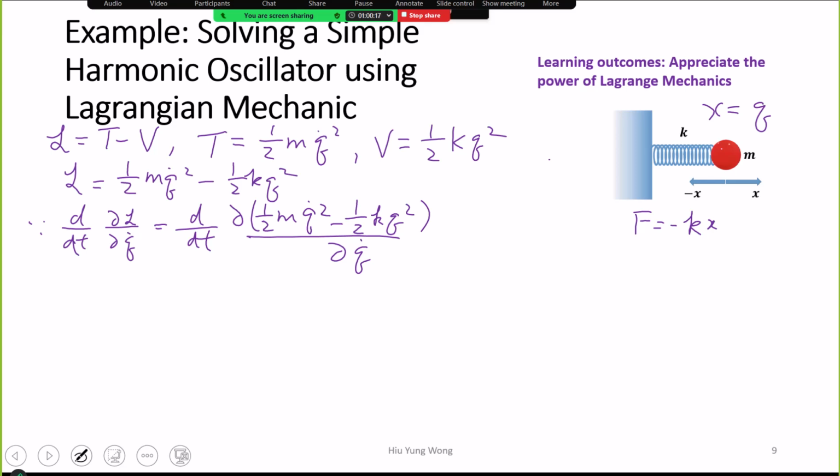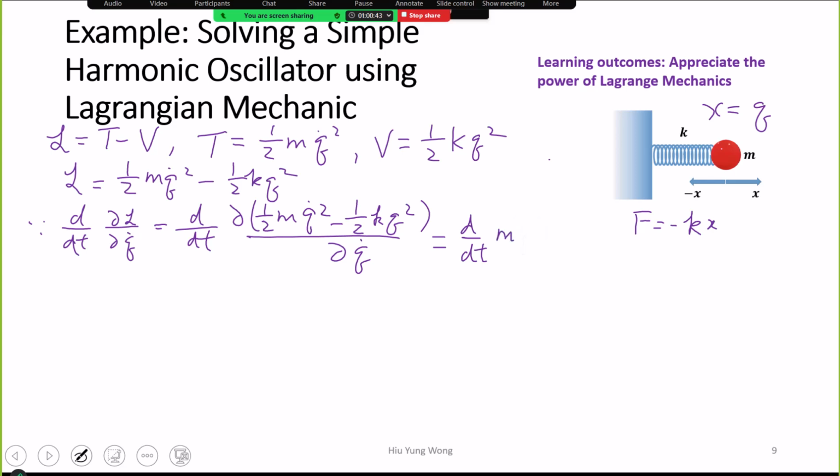Partial half m q dot square, partial q dot. What is this term? Yes, thank you, m q dot. So this is m q dot, and that's it. I claim that the second term is 0.